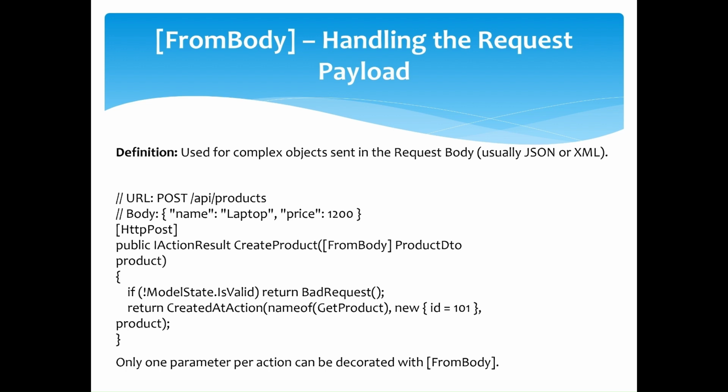When a client sends a POST request with a JSON object containing a name and a price, the built-in system reads the stream, deserializes the JSON, and instantiates our C# object automatically. An important technical constraint to keep in mind: only one parameter per action method can be decorated with FromBody. This is because the request body is an inbound stream that can only be read once by the formatter.